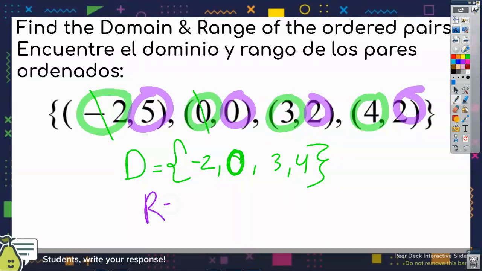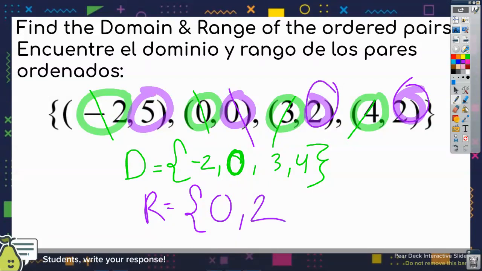Next is going to be range. So 0 is the smallest. Oh, I never crossed out my other guys. Okay, and look, I got the repeat situation again. I got two 2s. I only need 1. And then 5.